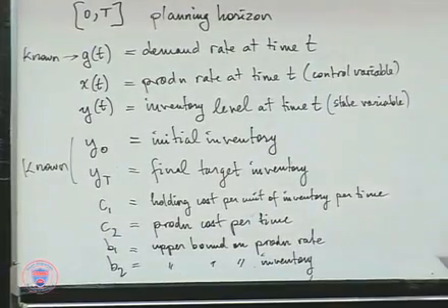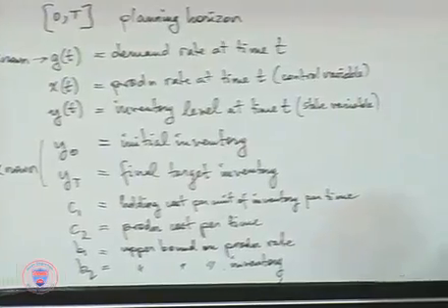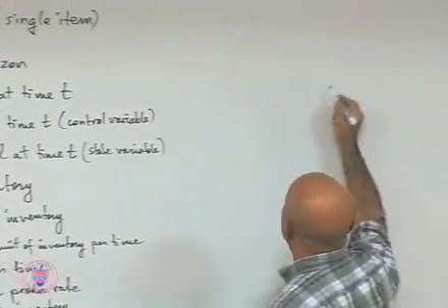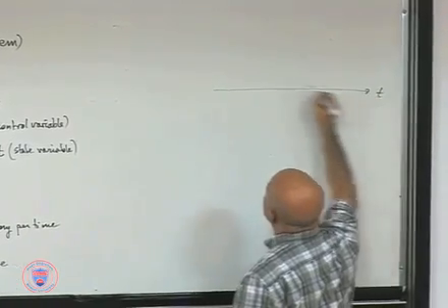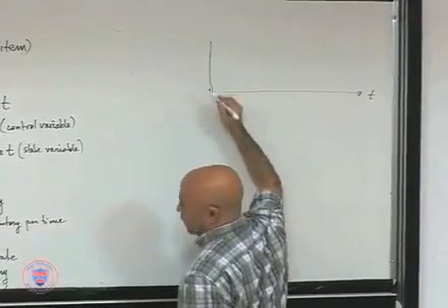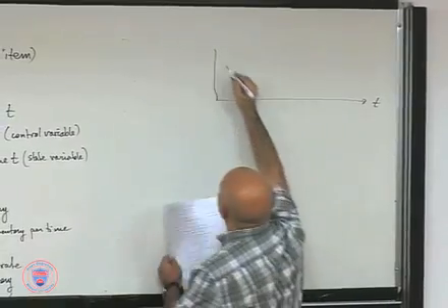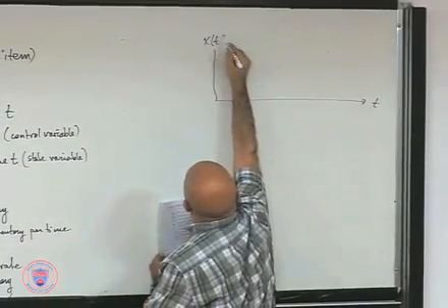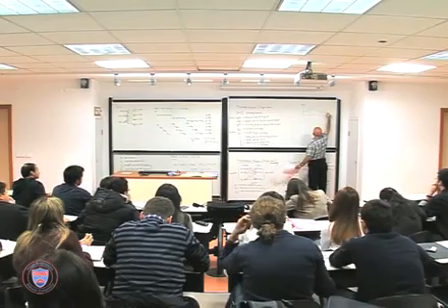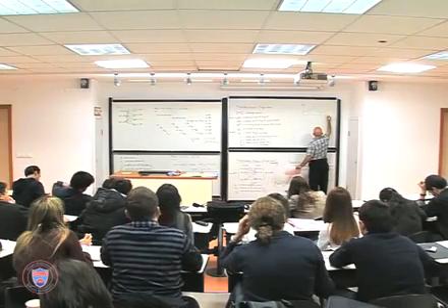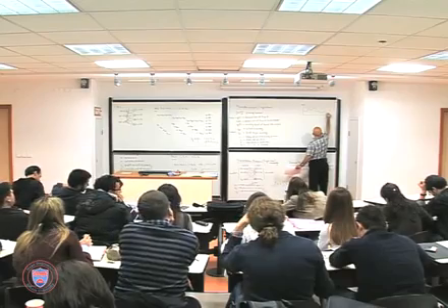All right, so here's the problem. Well, before I state the problem, let me just draw a picture here. This is the time axis. Your production will be something along the time. Okay?